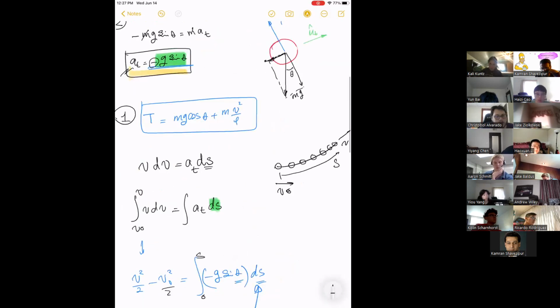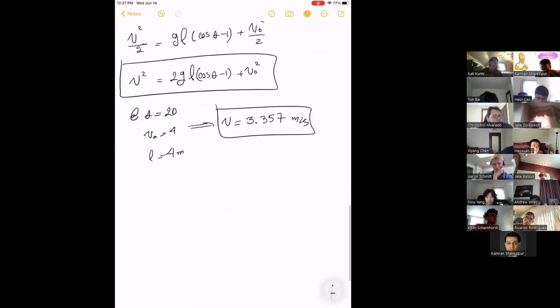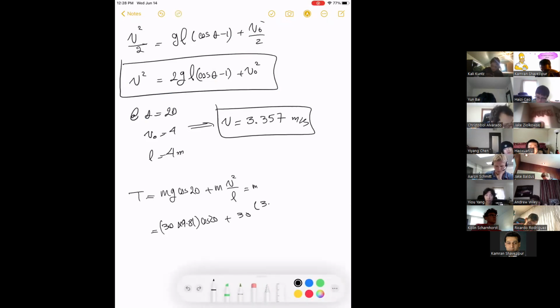And if I substitute this value into this star equation, I'm going to write the star equation one more time down. So your T is mg cosine 20 plus mv squared over L. And if you substitute those values, m is 30, so 30 times 9.81 cosine 20 plus 30 times 3.357 squared over 4.